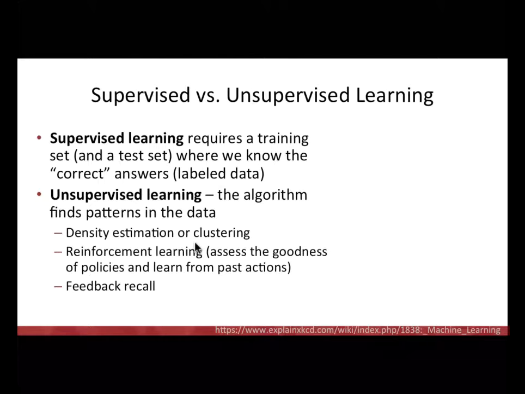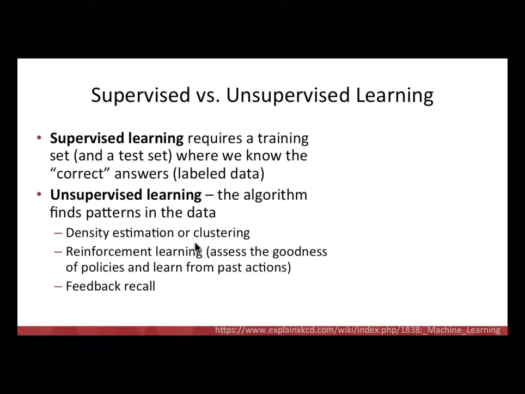One example of density estimation is clustering. There are both kinds of clustering algorithms, but there are classes of unsupervised clustering algorithms where I simply throw out the data and it generates clusters based upon patterns, commonalities that the algorithm finds in the data. I don't tell it what the right answer is, it tells me what the right answer is.